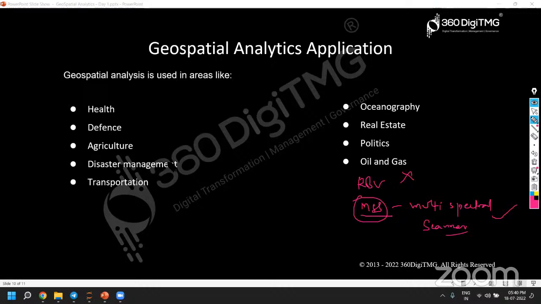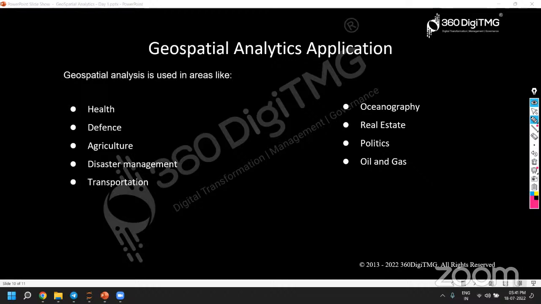And as we discussed, geospatial analytics is not restricted only to these few, real estate or health or agriculture or defense related industries. It can be used in transportation, politics, oil and gas, right? All these areas.